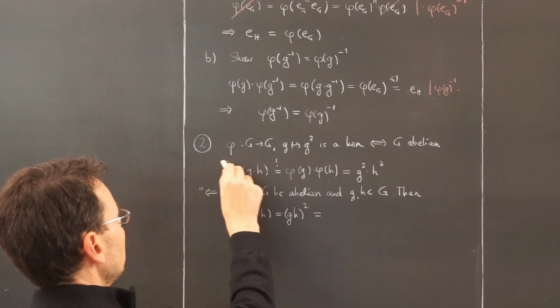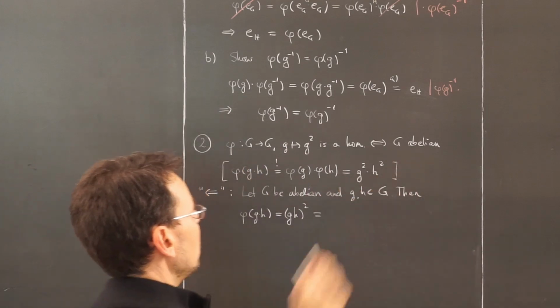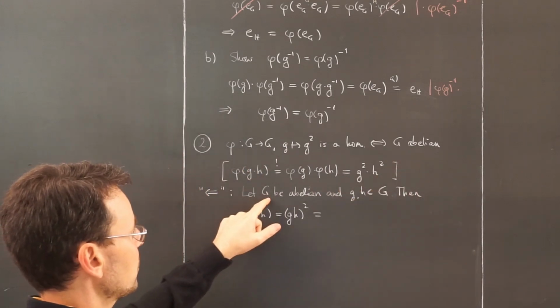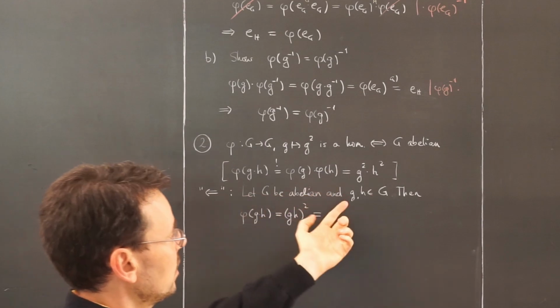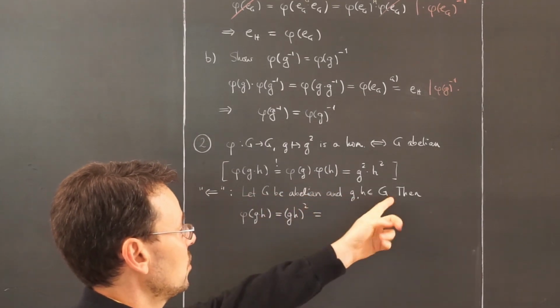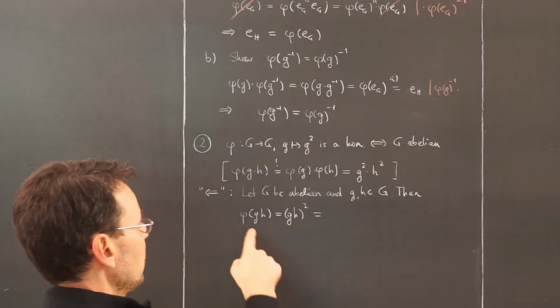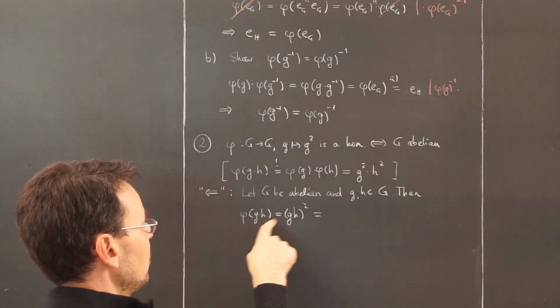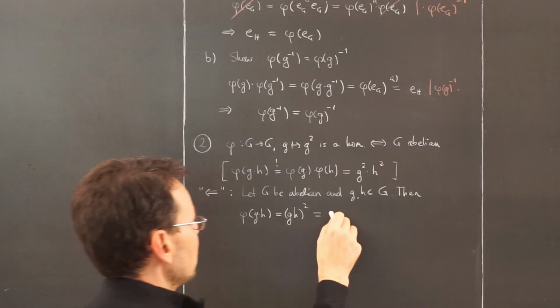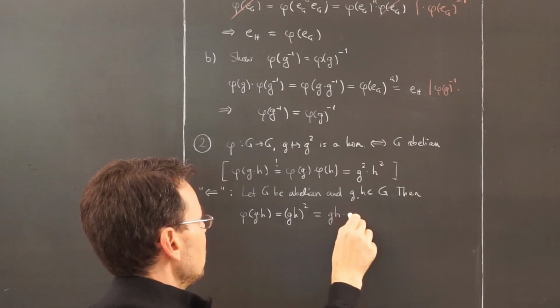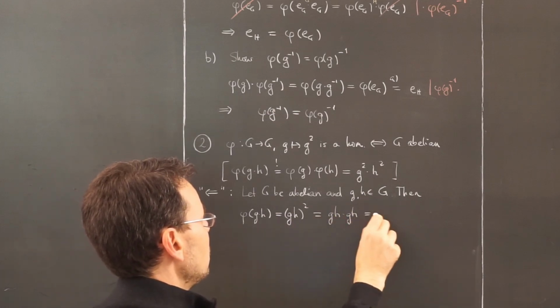So maybe it's best to do both implications separately. So we assume first that G is abelian and we take two arbitrary elements G, H of G. Then we have phi of G times H is by definition (GH) squared, but this is GH composed with GH.